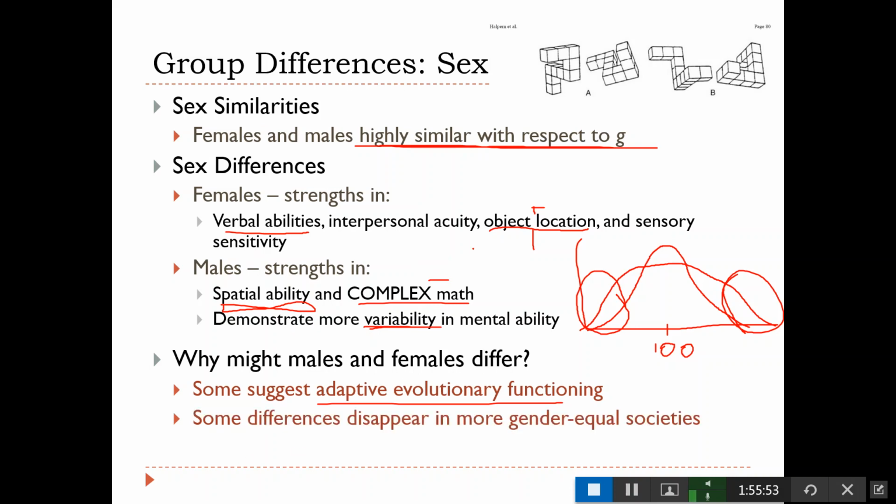But again, they're trade-offs, not good or bad, they just are. And that's where people start to cross a line. Another thing to offer up is that sometimes you see these differences disappear in more gender-equal societies. When you see societies that don't have such strict gender roles, like men should go out and hunt, women are going to stay home and take care of the kids, then you start to see some of these differences disappear.